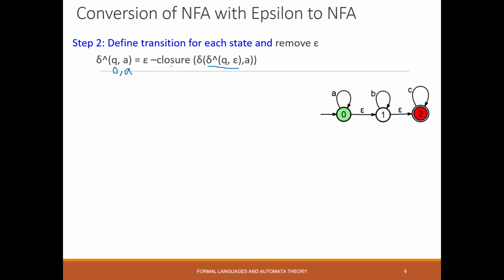The answer for this is epsilon closure of delta cap of 0 comma epsilon comma a. The meaning of delta cap of 0 comma epsilon is epsilon closure of 0. If we find it for 1 comma a, epsilon closure of 1 will be the answer. This means the epsilon closure of the given state.